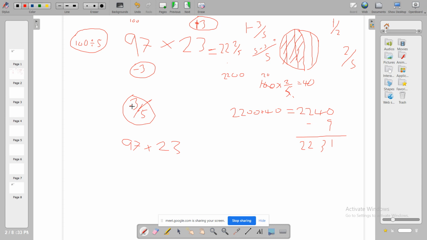This time we are using what? Reference number, because we want to use 4, so we use reference number 25, and then reference number 100. This is what I want to use.